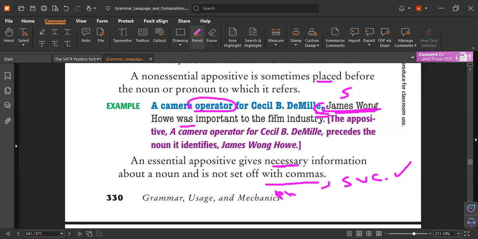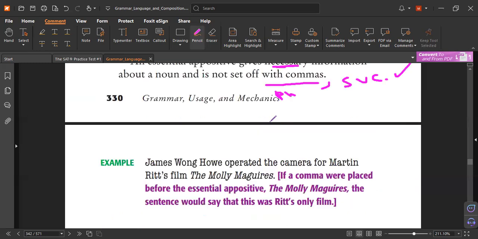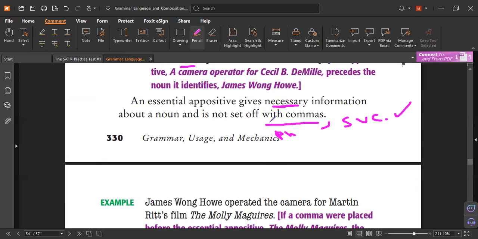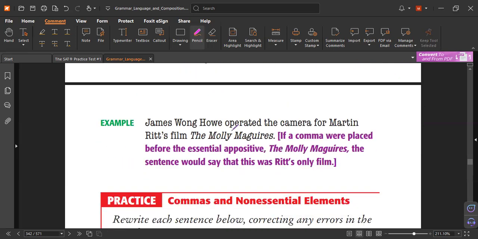We have another point. What if the appositive is necessary? It's the same meaning. If it affects the meaning, delete the commas. Here it does not affect the meaning, but here it can be affected. Yes or no? Let's check. James operated the camera for Martin.